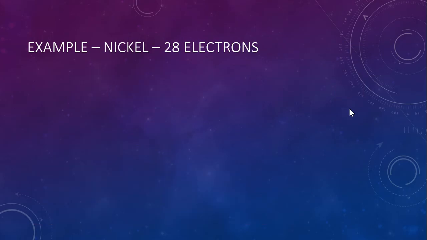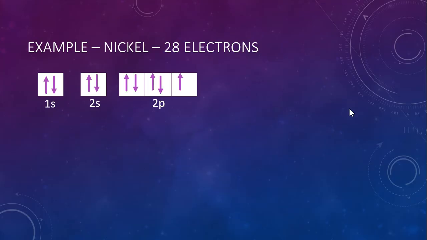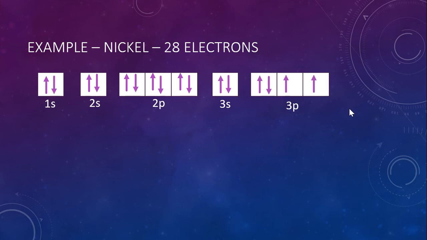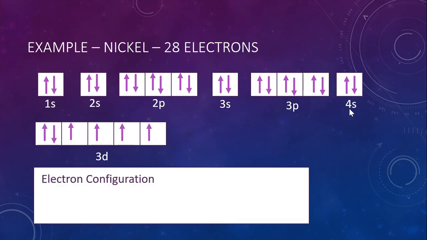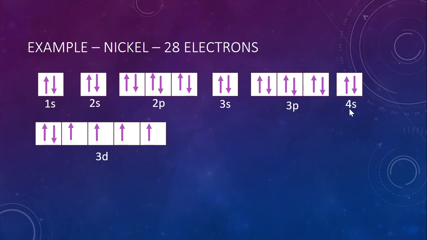One more. Let's look at nickel. Nickel has 28 total electrons. Nickel's orbital diagram looks like this. What happened?